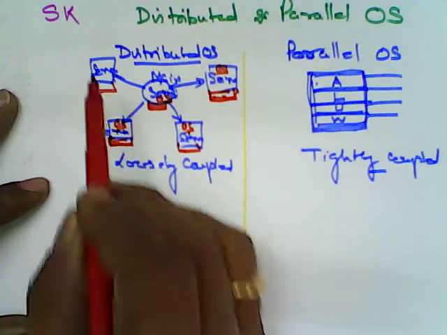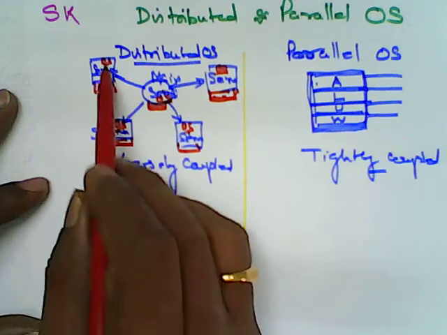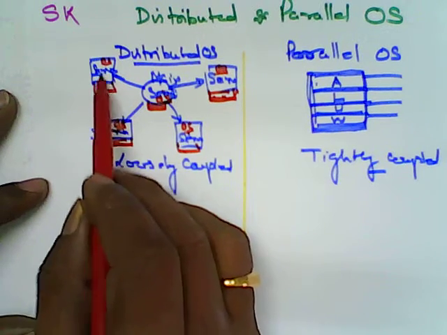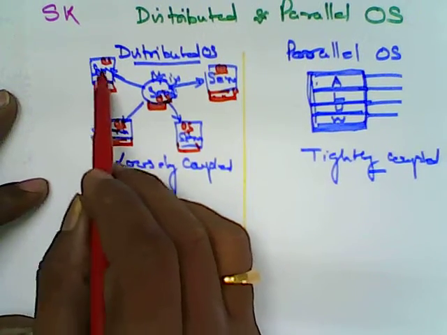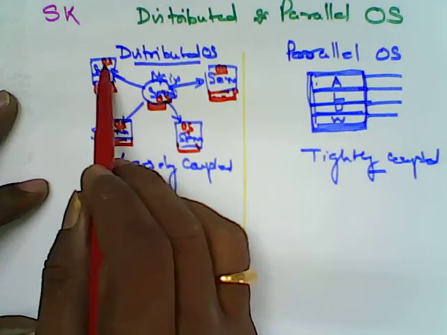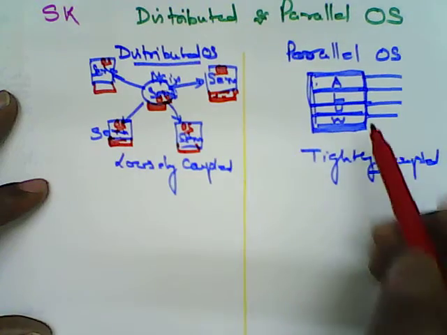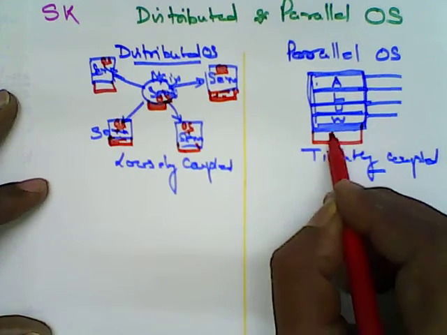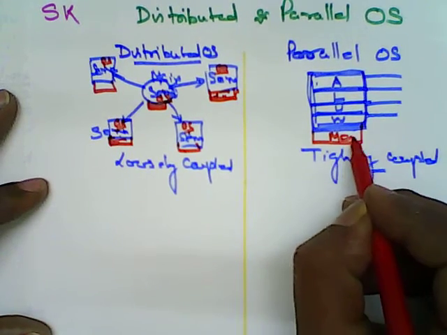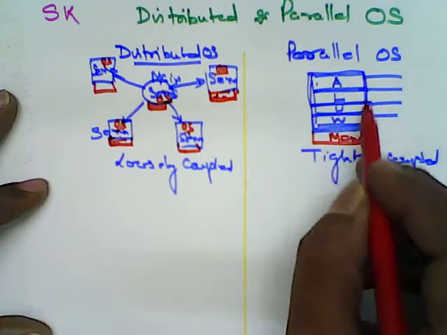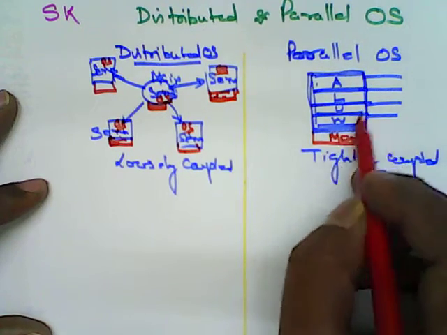So this operating system is managing its resources within this server. This operating system will not manage the resources of this other memory. But here, whatever memory is there, it is managed by the entire set of operating systems running in it, in the case of a parallel operating system.